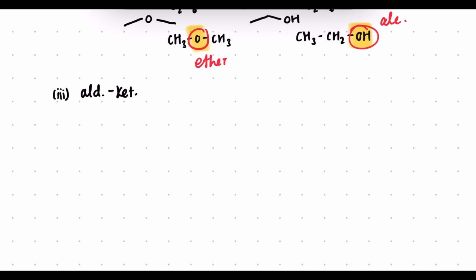So if we were to do acetone first, we have that, and we also have this. So this is propanal, and this is acetone. Acetone is the common name, by the way.